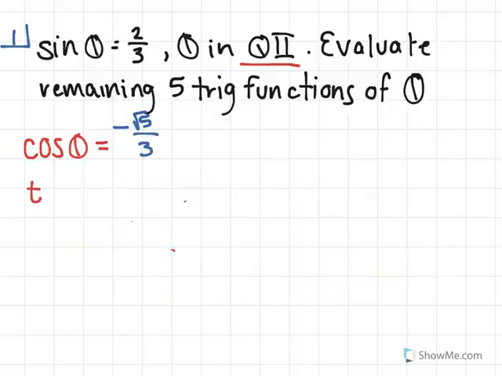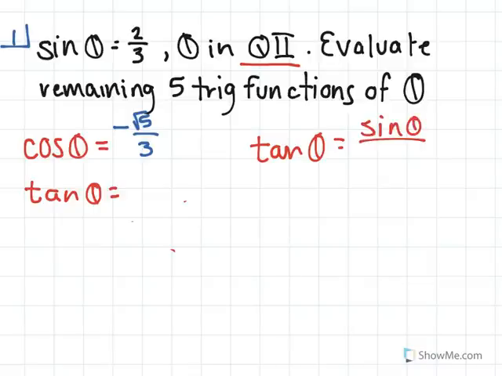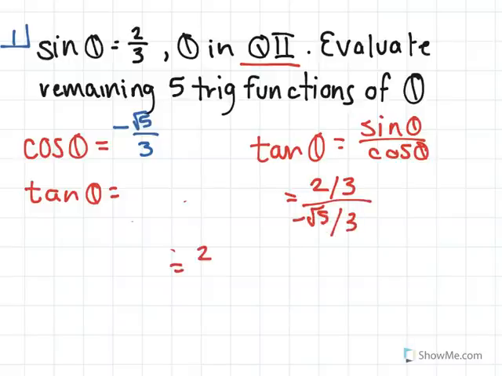Next, we're going to evaluate tangent of theta. It's important to remember that tangent theta equals sine theta over cosine theta. So we know what sine theta is and we know what cosine theta is, so we can just plug these values in. So we're going to have 2/3 divided by negative root 5 over 3. If we work that out, that's the same as 2/3 times negative 3 over root 5.